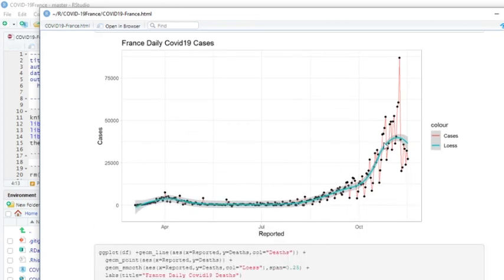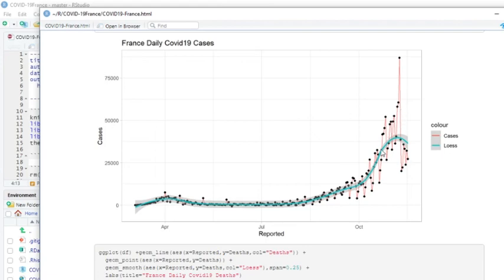Okay, so what you can see here, France had a very long period of minimal cases. The cases are now up to about 5,000 per day. Well, I'm not quite sure.